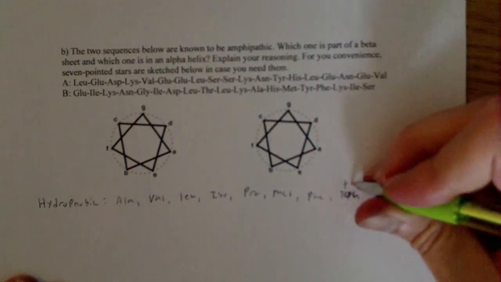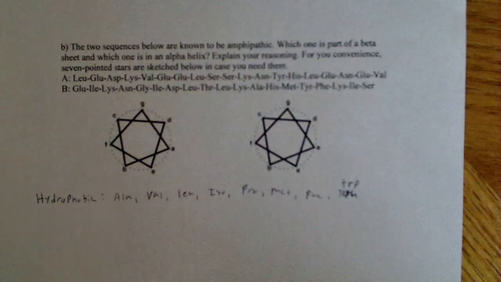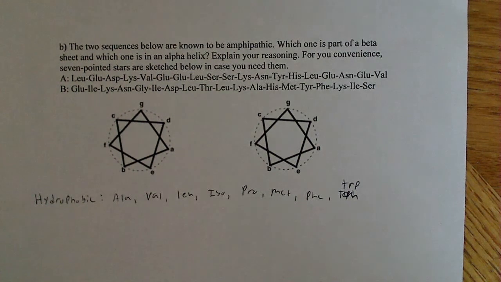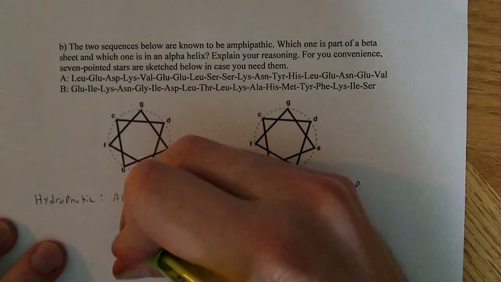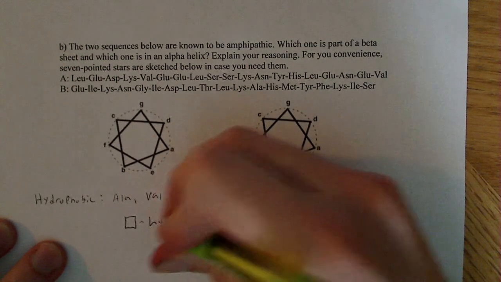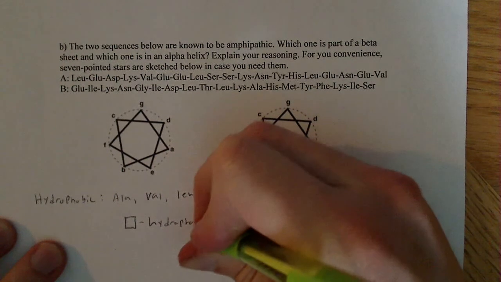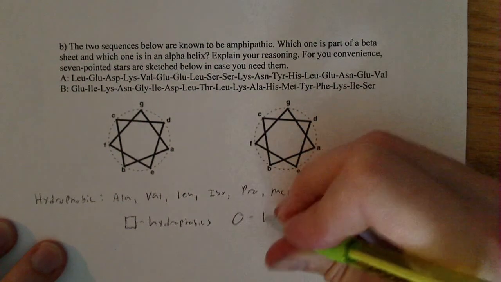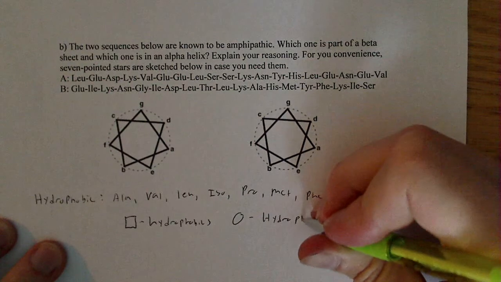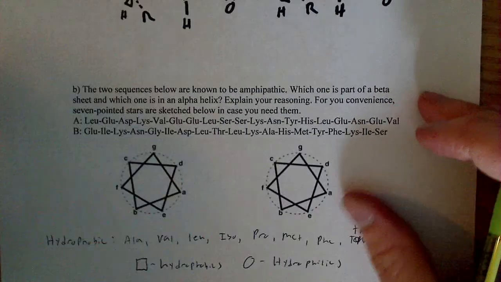TRP. Okay, tryptophan. So we have the hydrophobics. Now the next thing I like to do is to look at each strand, and I like to put a box around the hydrophobics and put a circle around the hydrophilics. And that's exactly what I'm going to do with these two strands.